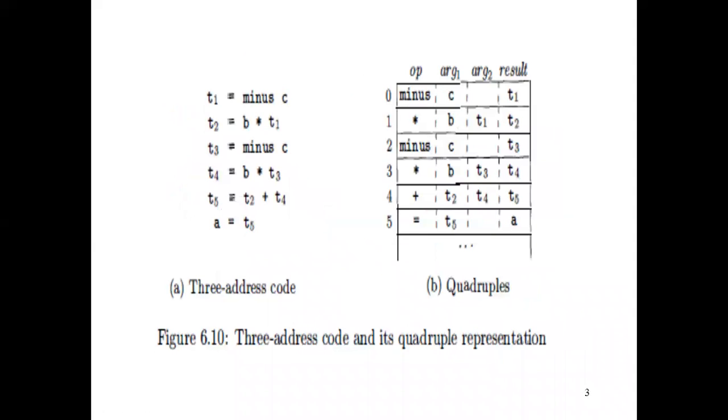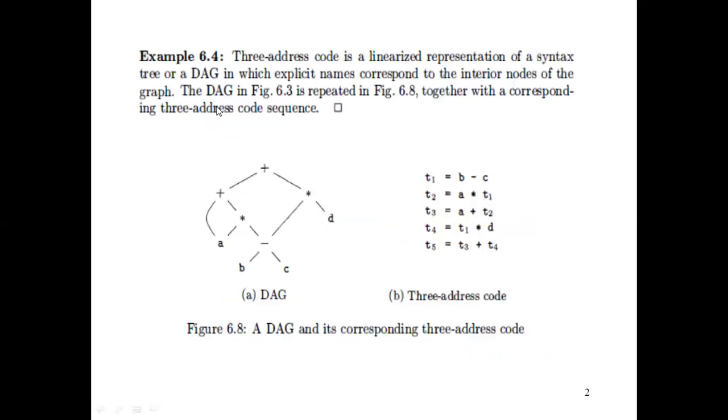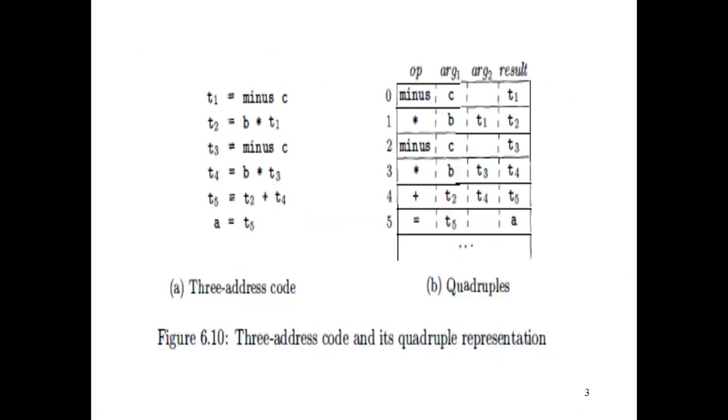First we will write the three address code for this. How will we write the three address code? First we start with T1 is equal to minus C. Here we are writing the quadruples, but before that we will write the three address code for the given expression.